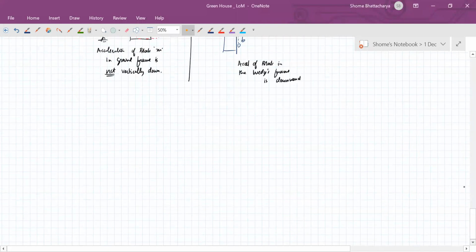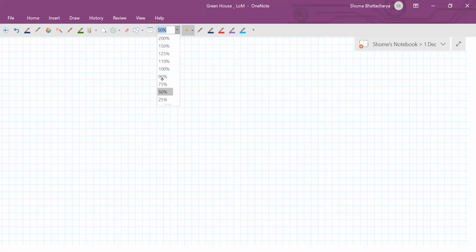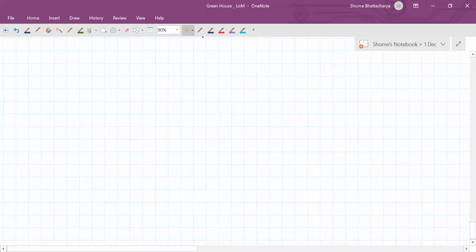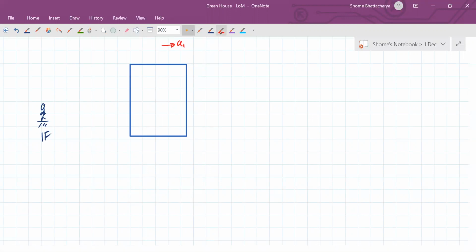Okay, so let's understand the forces on each of these. So let's start with the wedge. In the inertial frame, it has a horizontal acceleration a1.